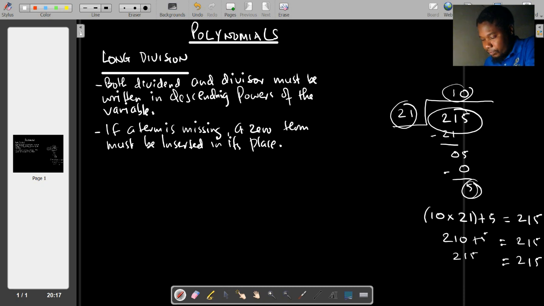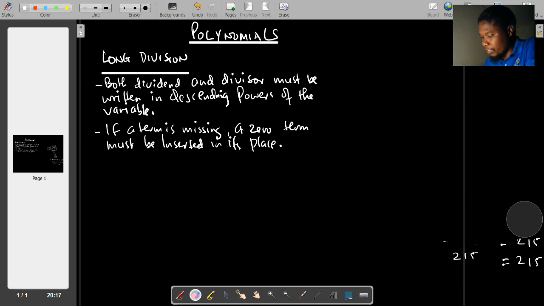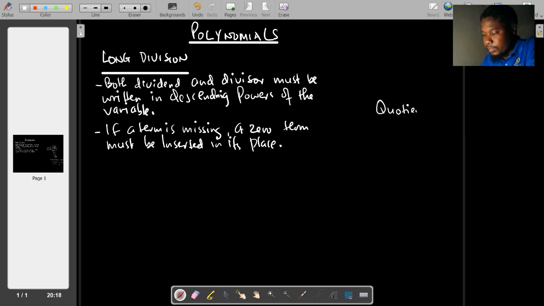Now we need to know a few things before we do actual examples. Take note of this. You multiply the quotient by the divisor. After you multiply, you add the what? The remainder. This should give you the dividend.